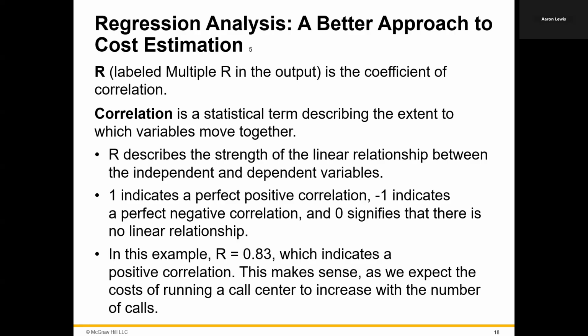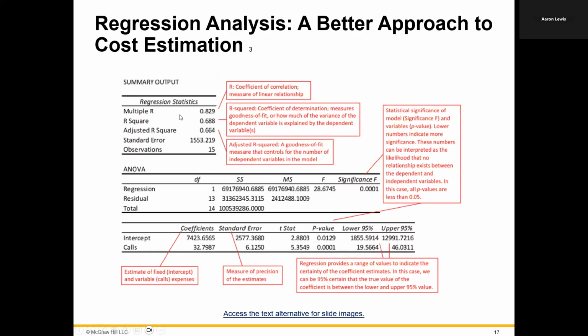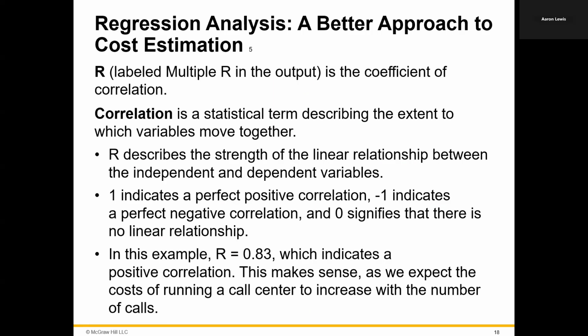So on our summary output, going back one more time, we had a pretty strong multiple R and it was positive. Our relationship again is the number of calls increasing the total cost of our call center. Well, that R of 0.83 means that there is a strong relationship between the two, that additional calls, because it's positive, increase our total cost, which makes sense, but it doesn't capture everything.